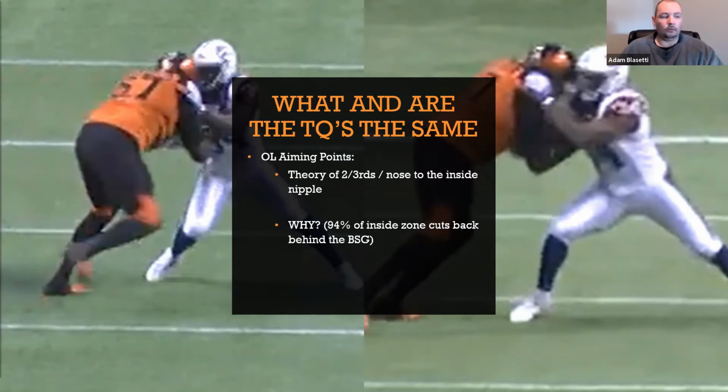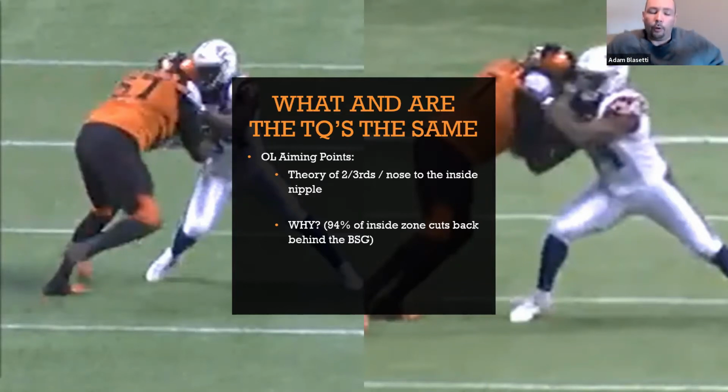One of the things I was taught by Dan Durazio, when I worked with him before the BC Lions, when he was the O-line coach, he calls it the theory of 2/3. What I mean by that is that we want to block the inside 2/3 of the defender, covering up the inside and encouraging the defender that if there's an easier path for him to go, it's going to be outside, away from where we want him to go.